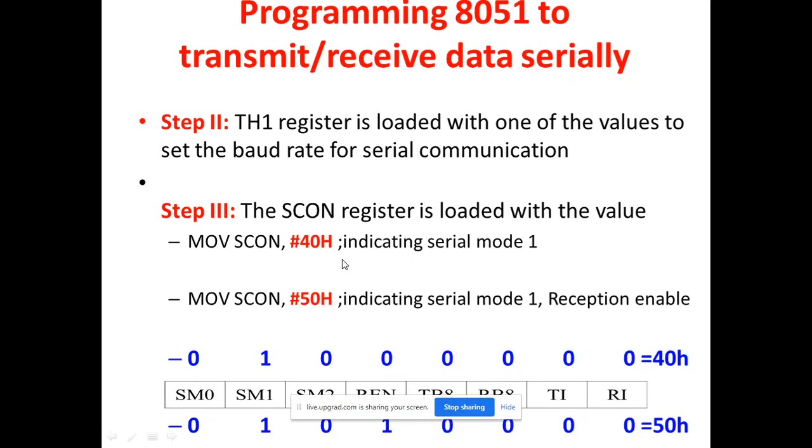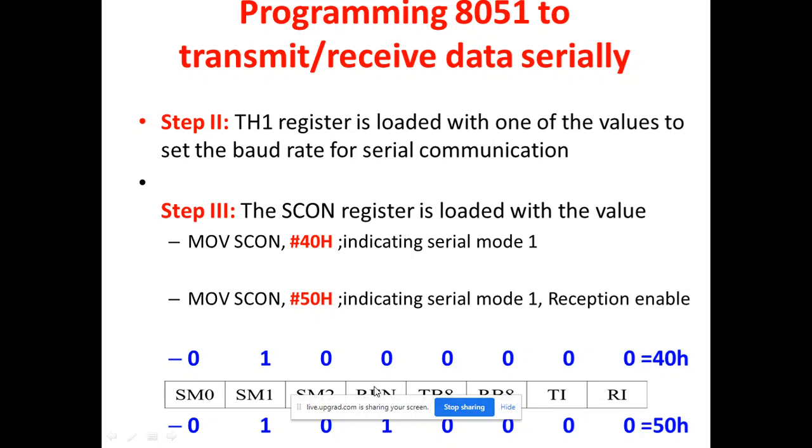Similarly, suppose I want to perform a reception action, at that time I must make this bit 1, reception enable. Suppose I want to receive something from an input device or from memory, and my receive enable is disabled.